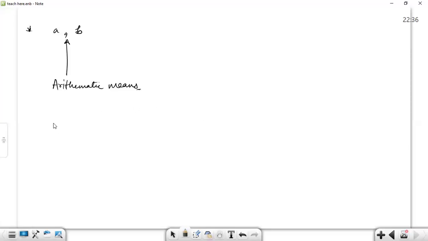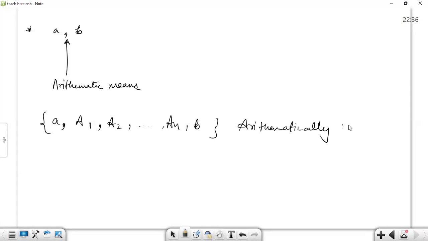Okay, so let's assume we are going to insert a few numbers A1, A2, up to An, n terms in between A and B, which will make this sequence an arithmetic progression.